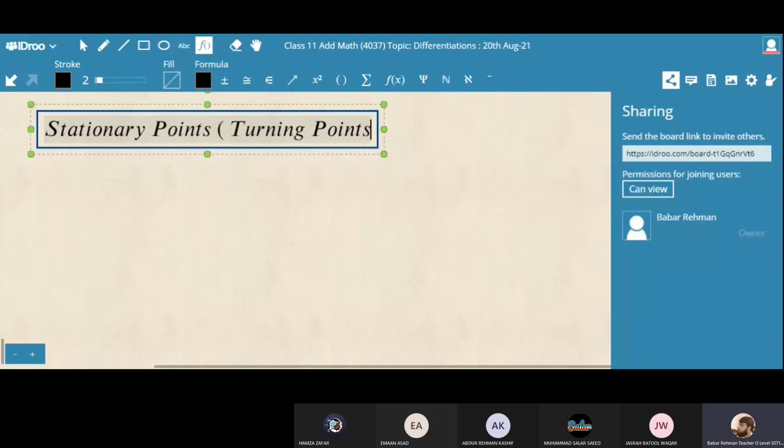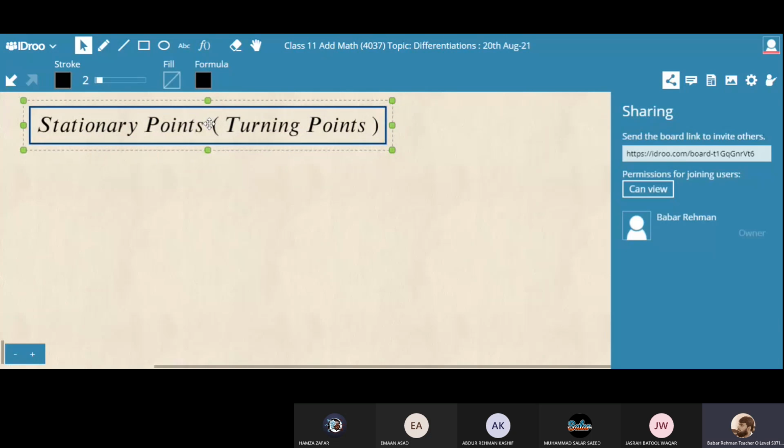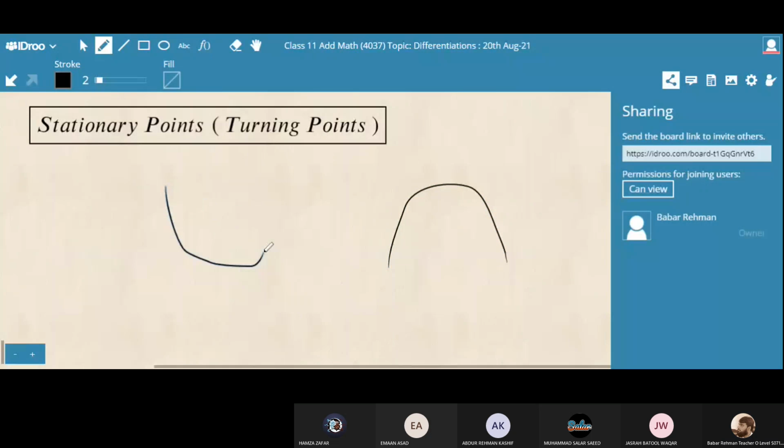Okay, how we deal with such working on stationary points. Student, remember I'm going to draw one thing here for you. Look at this. There's a curve like this, and there's a curve like this. Both are having stationary points.